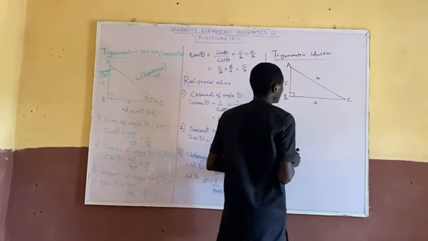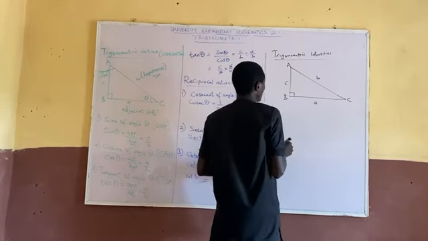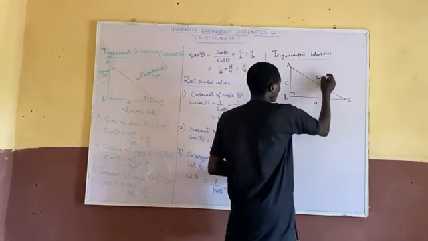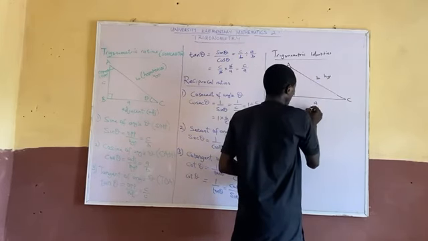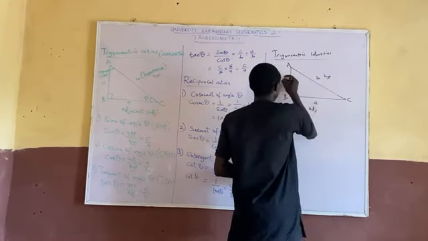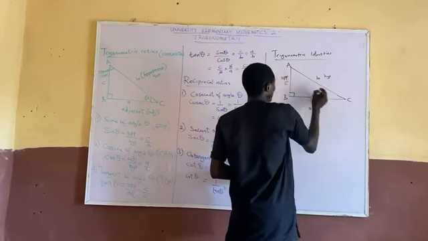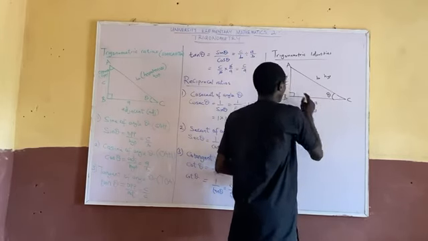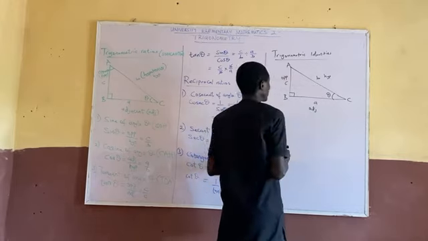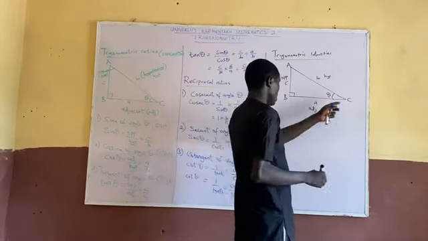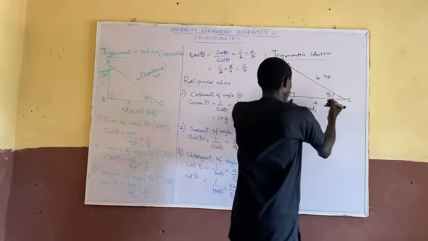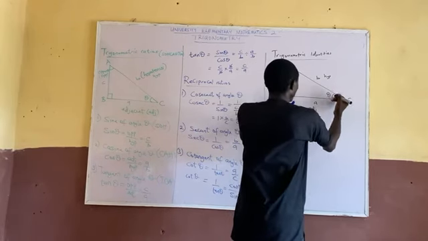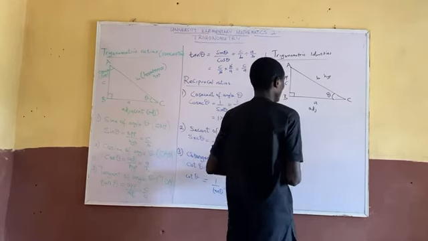Don't forget that b is the hypotenuse, a is adjacent, and c is opposite. I consider this theta, so the side facing the angle is opposite. The longest side is the hypotenuse, and the side which carries both the right angle and the theta we are considering side by side is called adjacent.